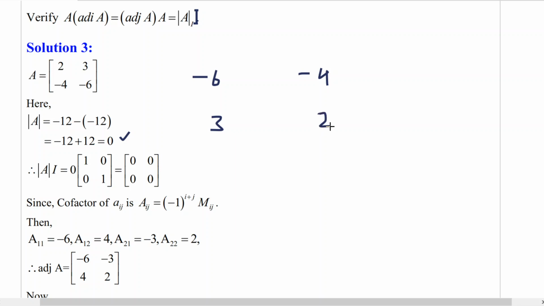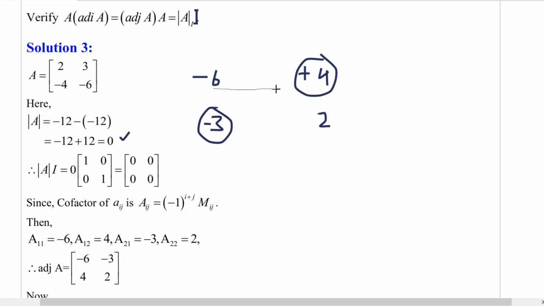And now I need to change the sign, as I've already told you in question number 1. In a 2 by 2 matrix, these two signs will be changed to find the cofactor, right? So whatever is negative, we have to change it into positive, and if it is positive, we'll change it into negative. So once you have found the cofactor, now we can find adjoint A. And how to find adjoint A?